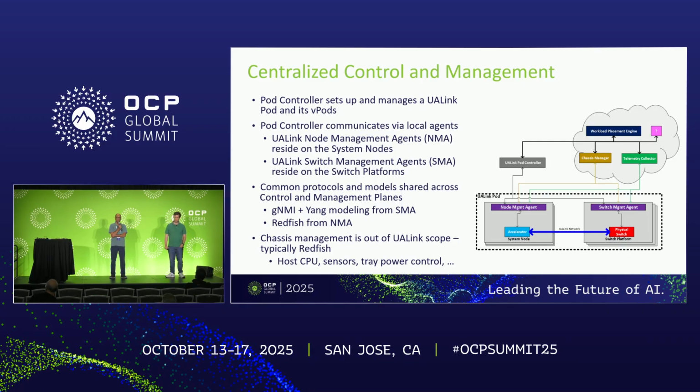The data model is shared across both control and management planes. And then on the other aspect of it, chassis management is completely out of UALink scope. That remains what is there today, both on the switch and on the accelerator side. And typically it tends to be Redfish, BMC, and that ecosystem.